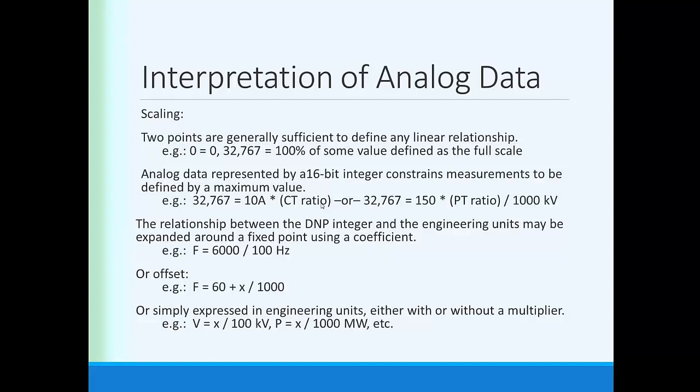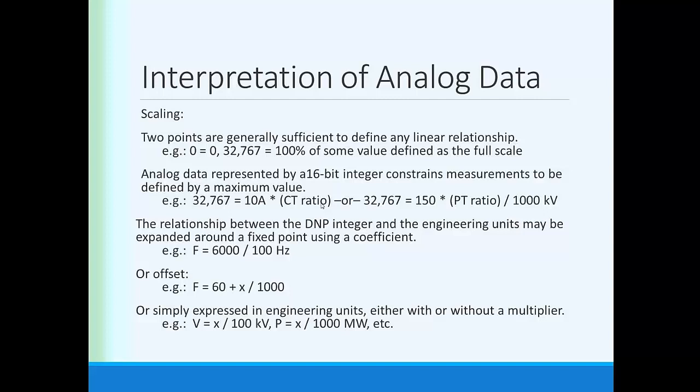The advantage here isn't accuracy. It isn't resolution. As a matter of fact, you lose resolution, because you really can't do better with a 16-bit 2's complement number than, say, the biggest number that I have, 100% of my full scale, 32,768. You get better resolution with a single count of the integer if you scale it that way. But really, if you're measuring amps, you don't need to measure amps down to a fraction of an amp.